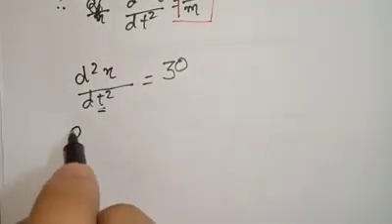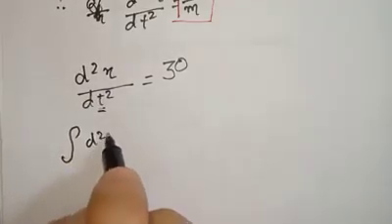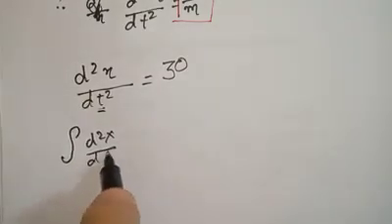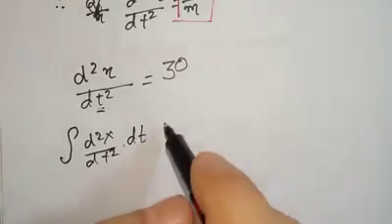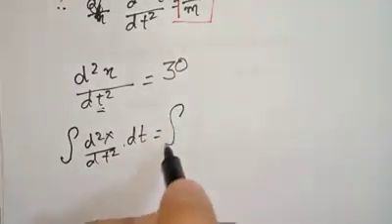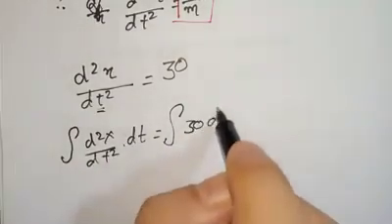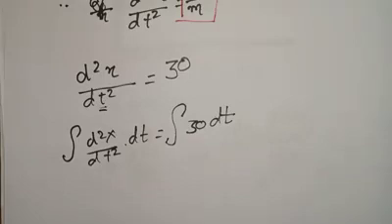So we integrate, and what we get here is d squared x by dt squared, and we are solving in terms of t, so we have to write dt, equals, we have to do the same thing on the left hand side and right hand side, so we get 30 dt. Now solving further, for d squared x by dt squared, we take the integration of the second order.